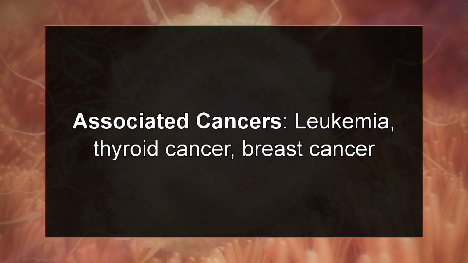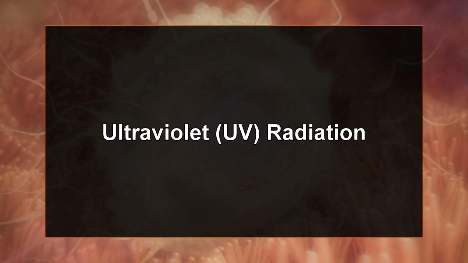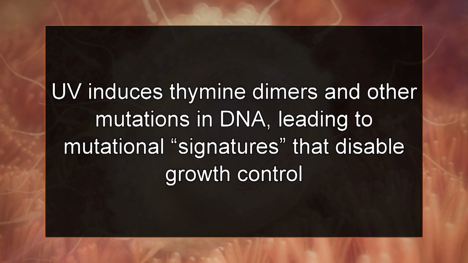Moving on to associated cancers, leukemia, thyroid cancer, breast cancer. Ultraviolet radiations. Dear students, UVB rays from the sun are a major cause of skin cancers, including melanoma. UV induces thymine dimers and other mutations in DNA, leading to mutational signatures that disable growth control.